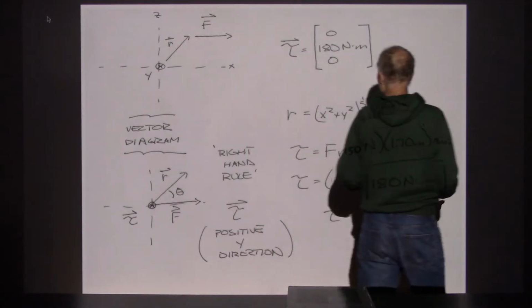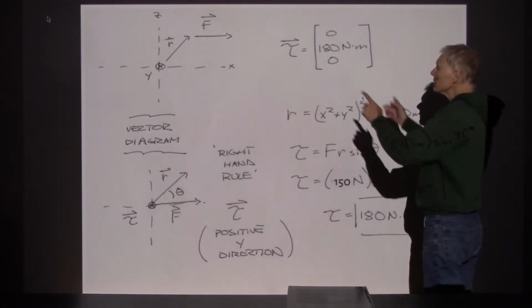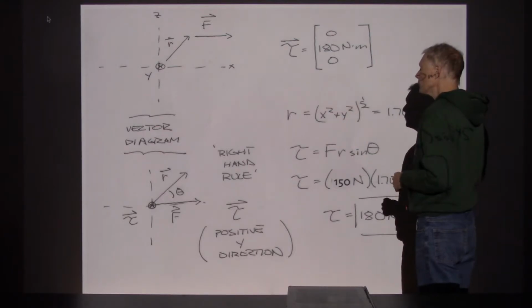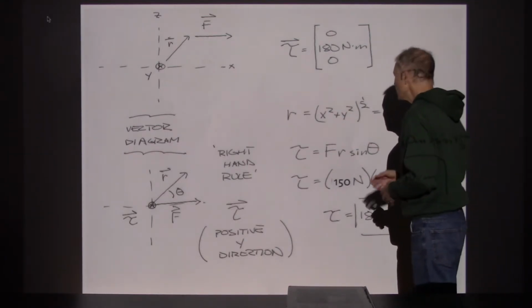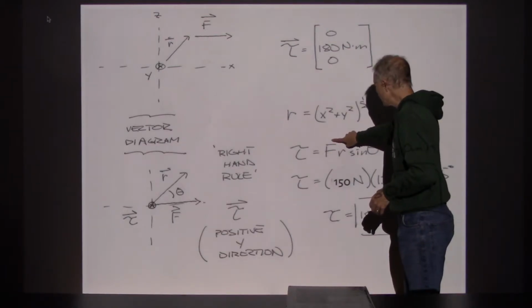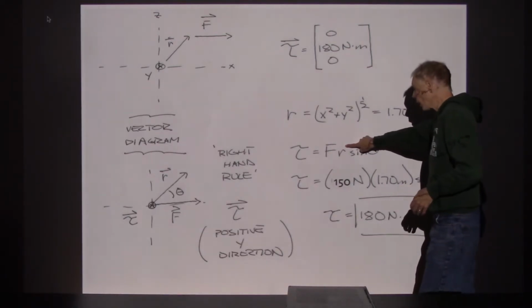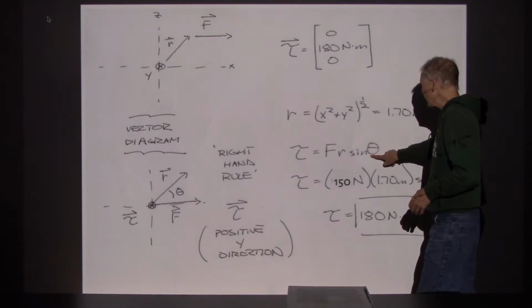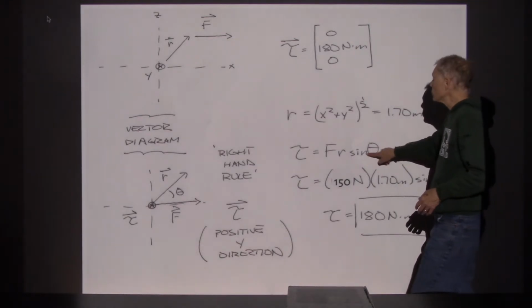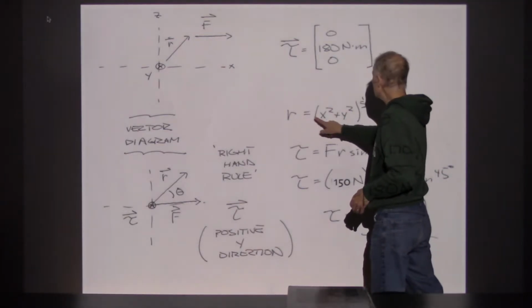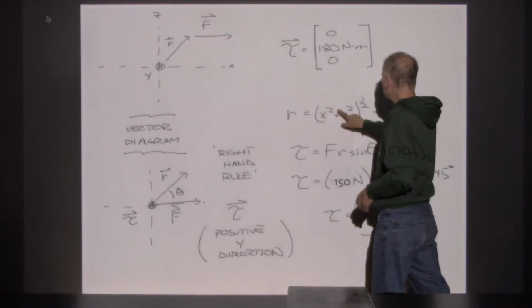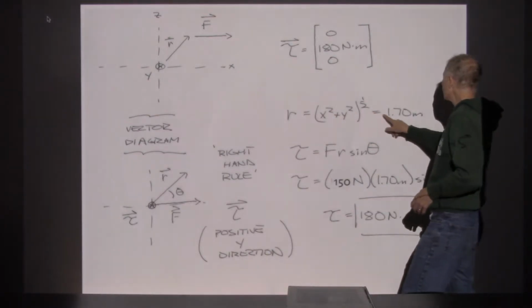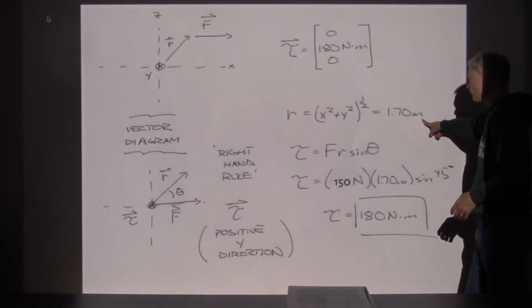How do we figure out magnitude? Now, we did all the components, but we said the other way to find out what the magnitude would be is to take the magnitude of F, the magnitude of R, times the sine of the angle between them. So R would be equal to x squared plus, that should be z squared, so x squared plus z squared to the half is 1.70 meters.